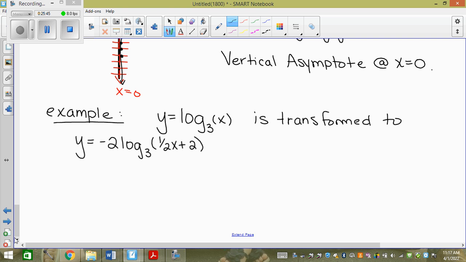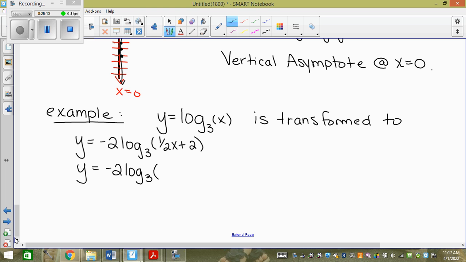Same rules as before. The base has to be the same. Is the base the same? Yes. Good. We're in a good boat. Same base. But what do I have to always make sure I do? I have to have an x with a 1 in front. Do I currently have that? No. So I am going to go y equals negative 2 log base 3.